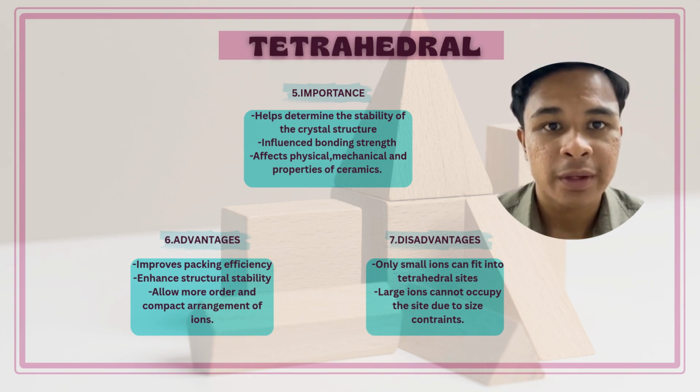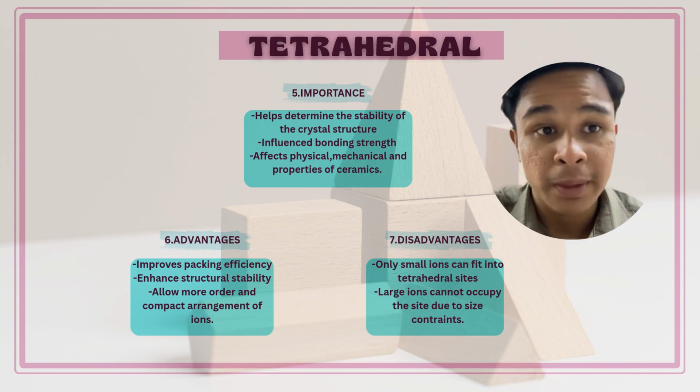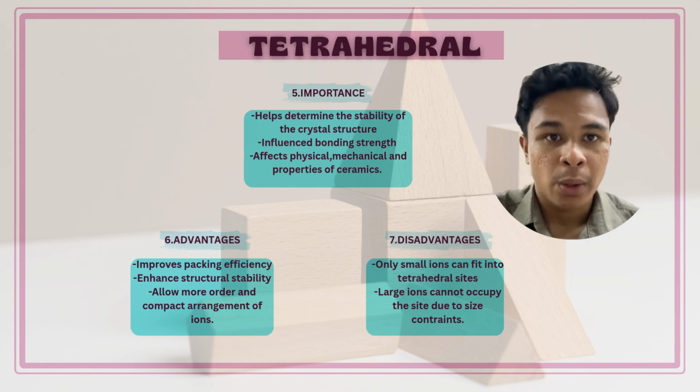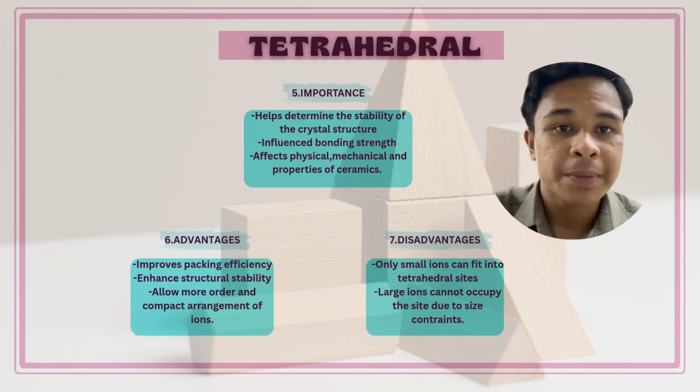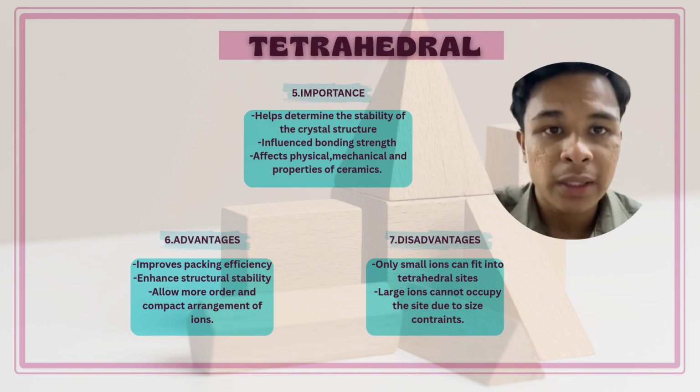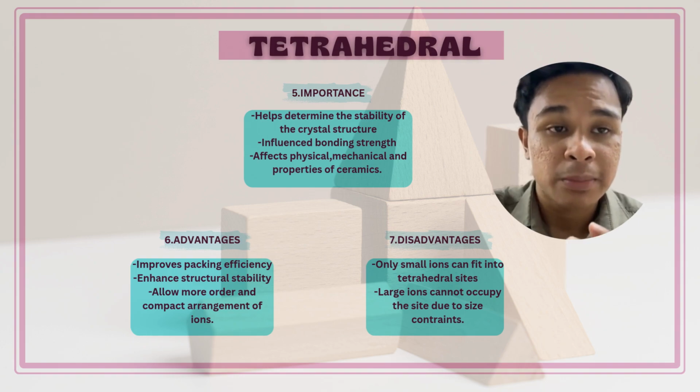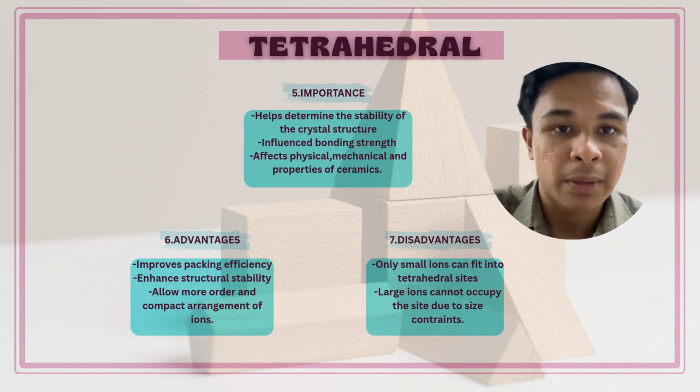They also affect the strength of bonding and the properties of ceramic materials, such as electrical and mechanical properties. One advantage is that they help atoms pack more tightly and neatly, which can make the structure stronger and also more stable.